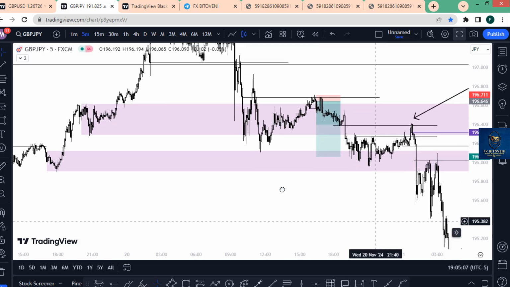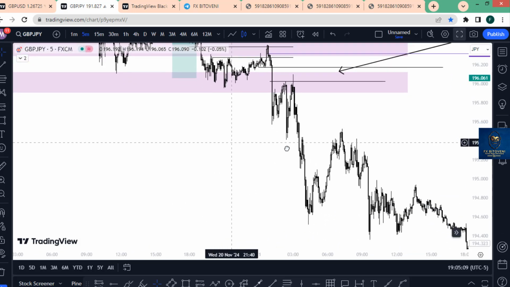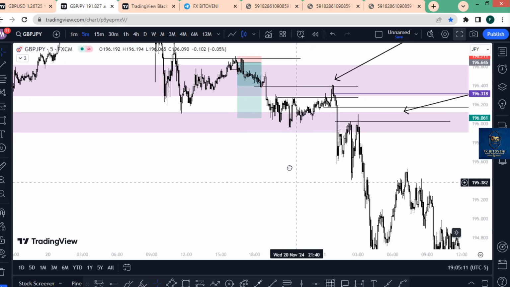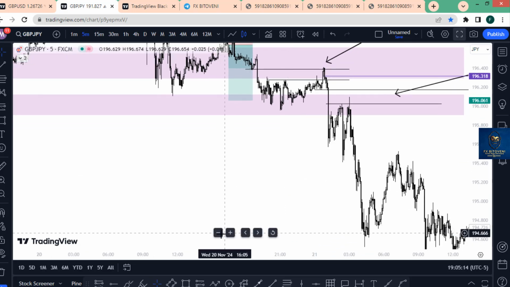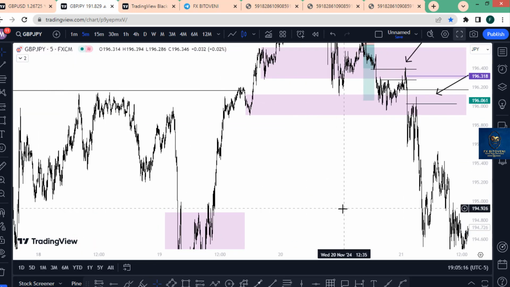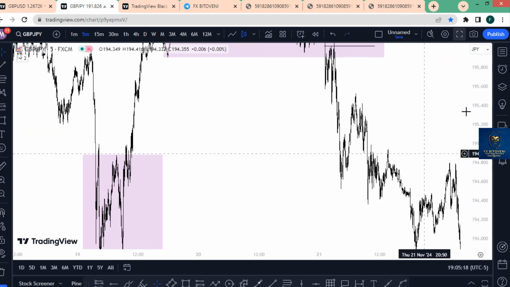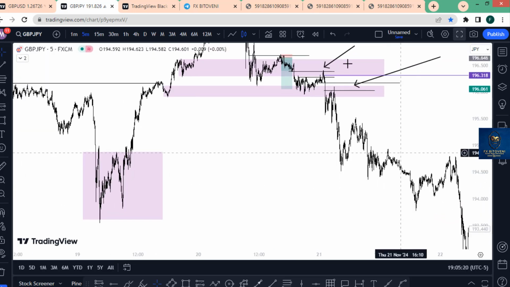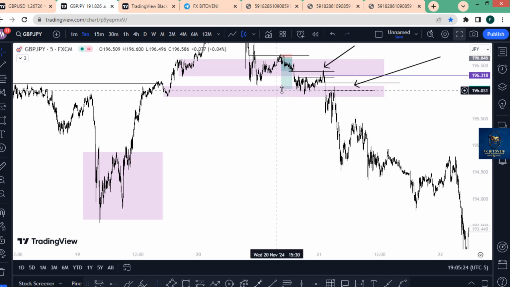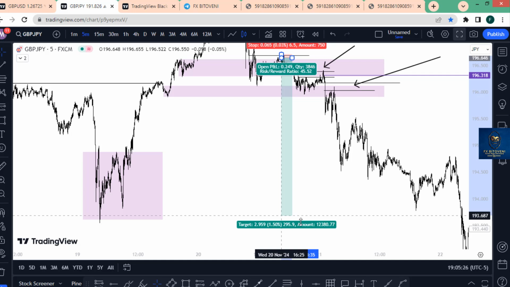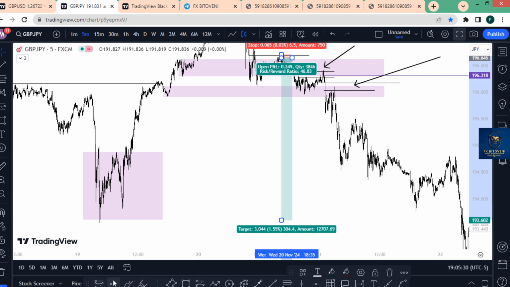So this is what we'll be covering throughout the coming series. Private mentorship, we will be talking more about making this type of entries with precise targets, because this is the draw on liquidity.